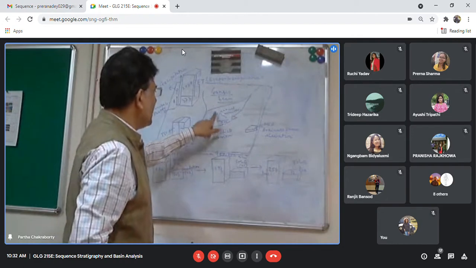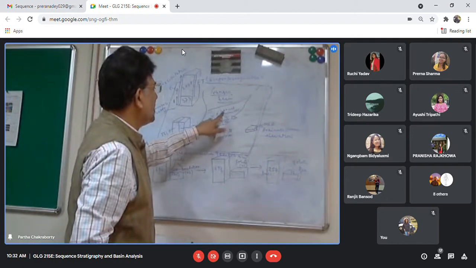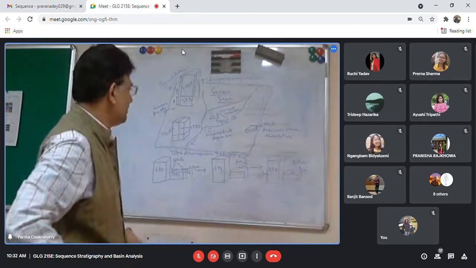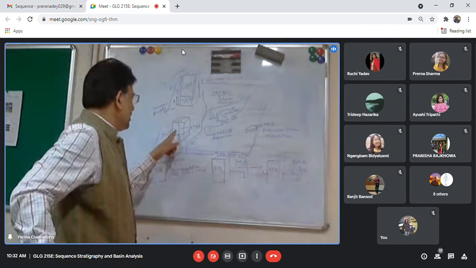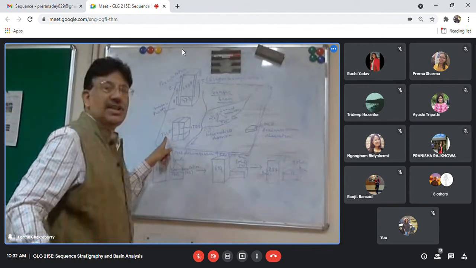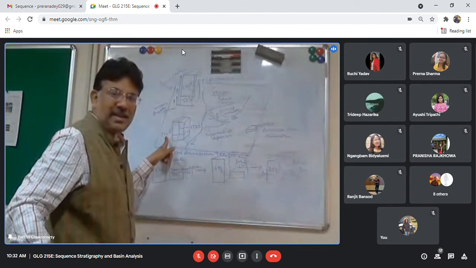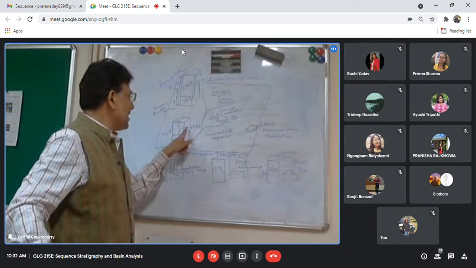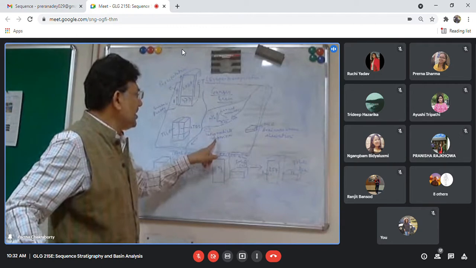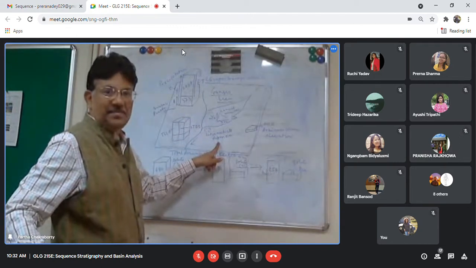You can see there is a graph which is annual runoff. Now this side there is a block. This side represents TSS, total suspended solid, and this side is TDS, total dissolved solid. This is intermediate deposition.